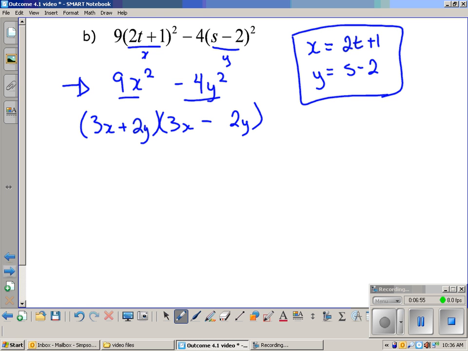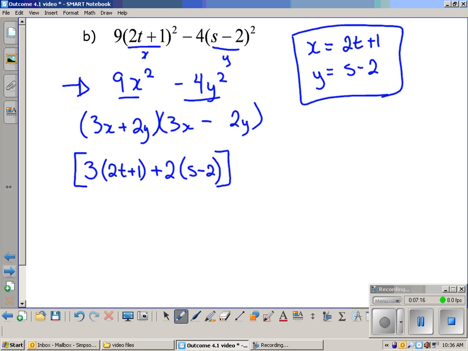So let's do that now. I'm going to replace the round brackets with square ones, just to clarify a little bit. So I have 3 times, instead of x, I now have 2t plus 1, plus 2 times y. Y is s minus 2.